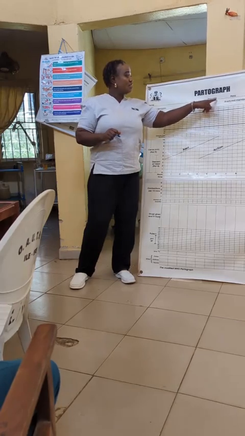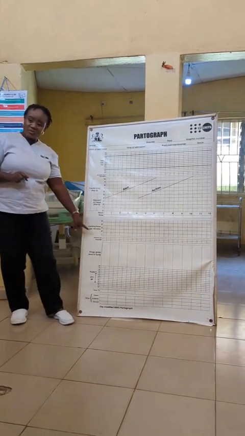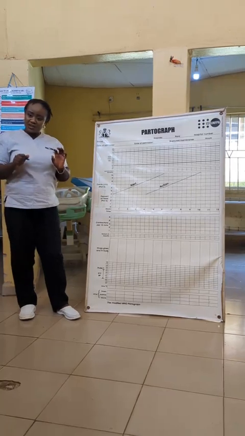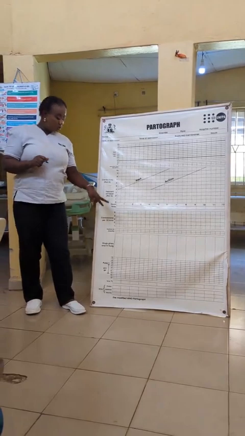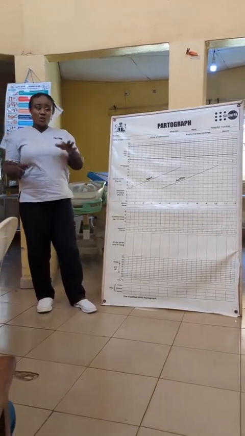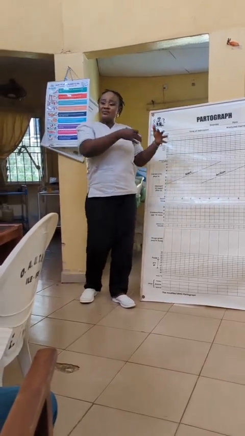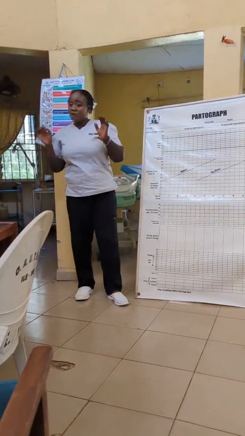Let's say she's gravida 5, a multigravida. You cannot just augment, although you can, but it will be done consciously. You cannot compare the way you augment primigravidas with that of multigravidas. The uterus has already carried before, so you have to be careful to prevent uterine rupture.